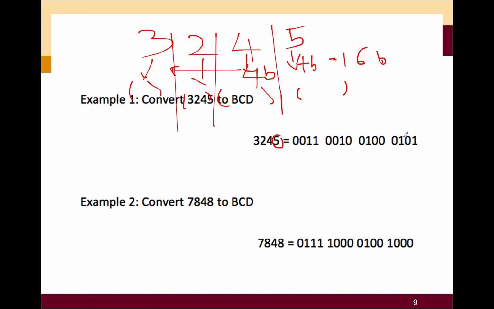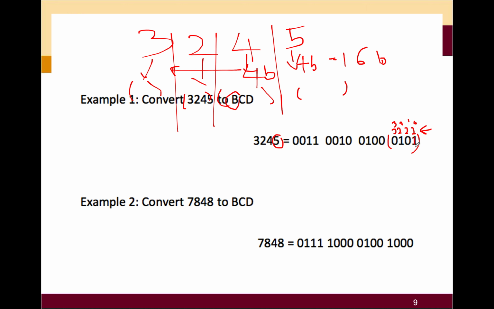Normally you will get 0101. Why? Because starting from here, it is to the power of 0, to the power of 1, to the power of 2, and to the power of 3. So please remember this, because you convert it using binary, which is base 2, and this is just a normal binary code, so it's easy for you to remember.